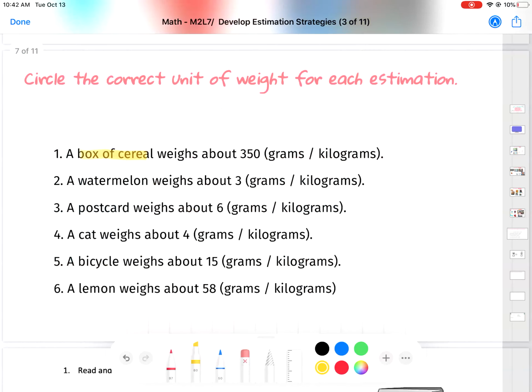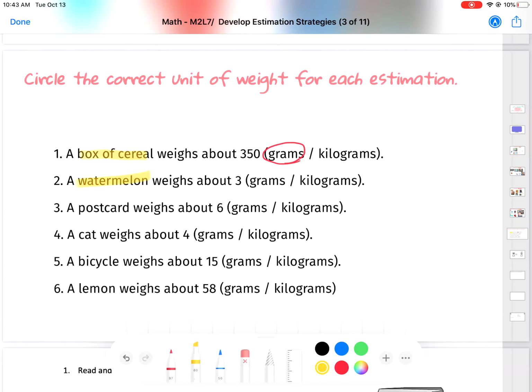To make it 350 kilograms, imagine how many water bottles we would need. A lot. And do you think we can carry that many water bottles? Nope. However, when we think about a box of cereal, we can often carry it on our own. So we know that 350 kilograms doesn't make sense. So it's going to be grams.